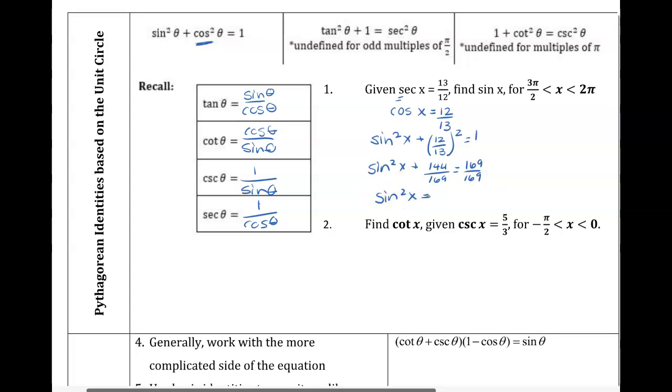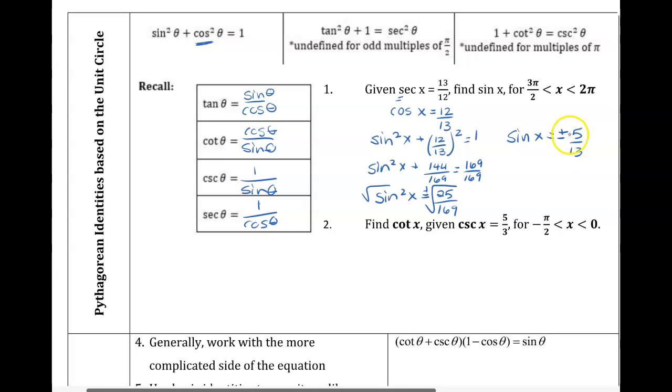So now we have sine squared of x, subtracting over the 144 gives us 25/169. I want to get sine of x by itself, so I have to square root both sides. Don't forget, that gives us a plus or minus. So we have sine of x equals plus or minus the square root of that fraction, which gives us 5/13.